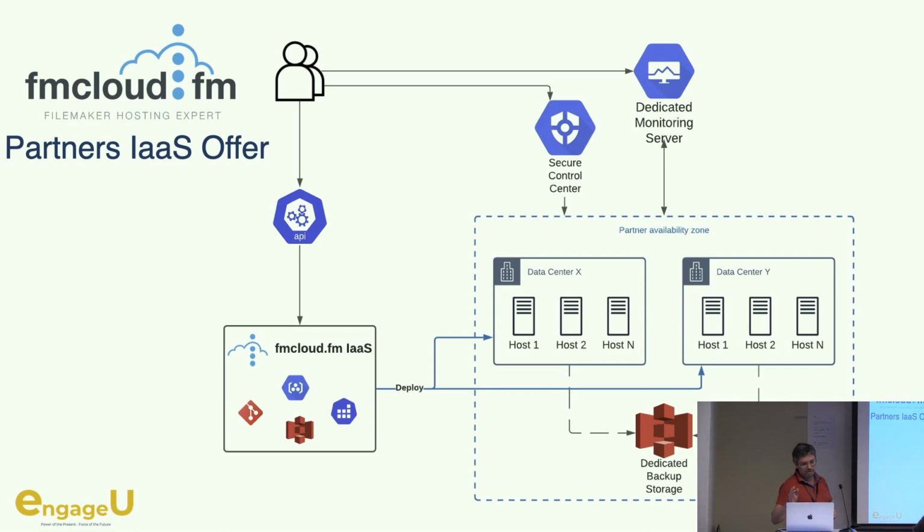And here we have a partner offer in our system, so we can rent you a full host with multiple IP addresses. If you have your own customers, you can make them run on your host and manage everything you need, having access to a dedicated monitoring console.